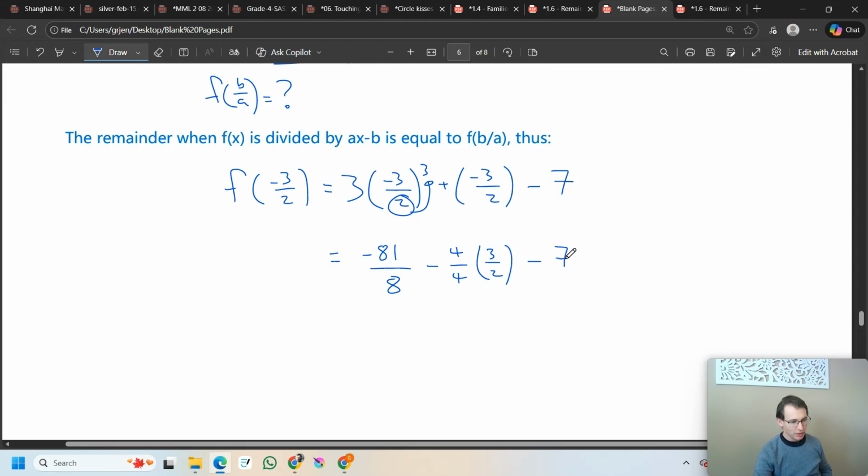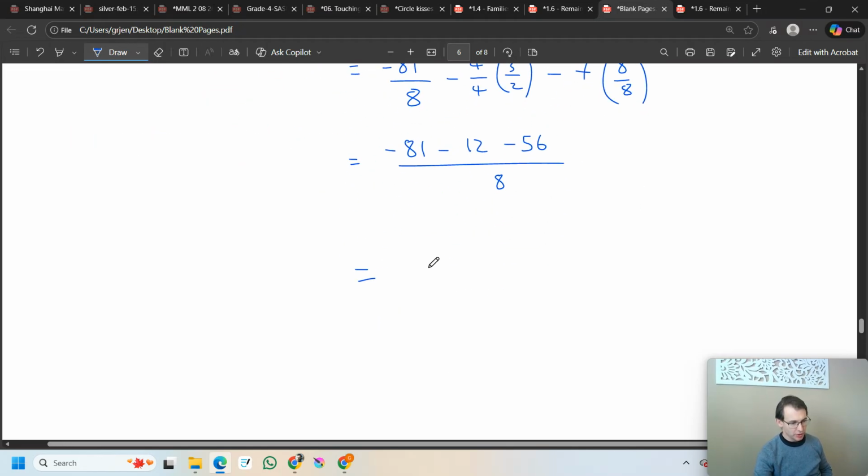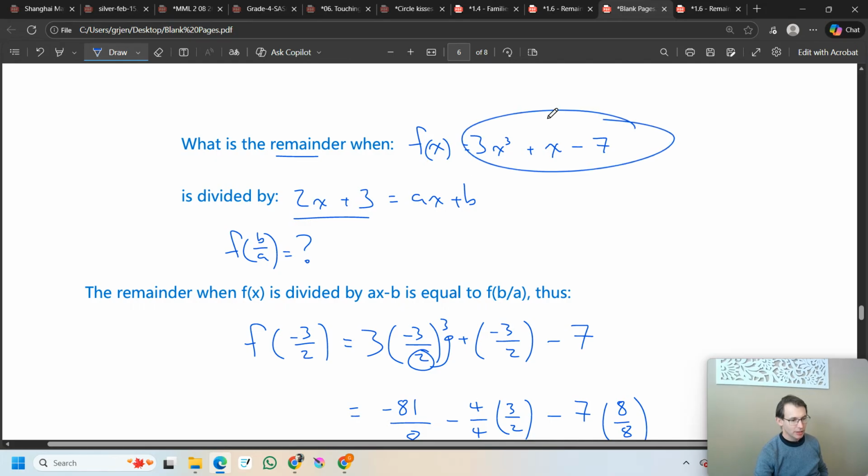And then I'm going to do 7 times 8 on 8 to get my common denominator there. So then I get minus 81 minus 12 minus 56 all on 8. And that, if memory serves, works out to minus 149 on 8. That's the remainder when we divide this function by this, according to the remainder theorem.